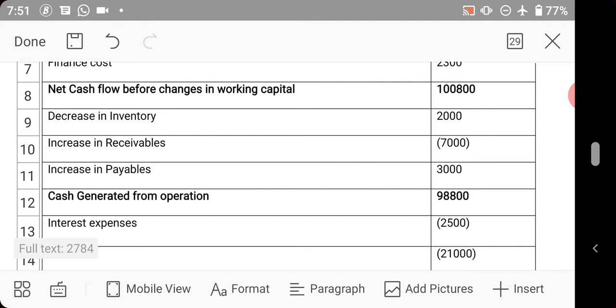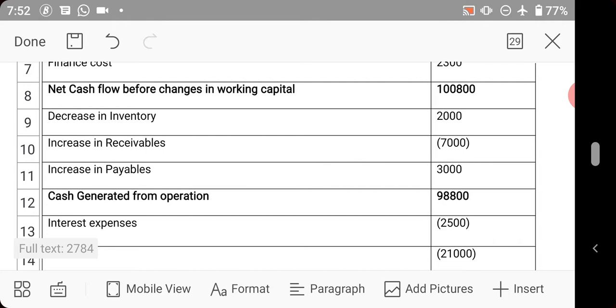It means you spent more money buying inventory. If receivables increase, if current liability increases during the year, it means you borrowed more money, you got more money, so you add. So these are the logic.